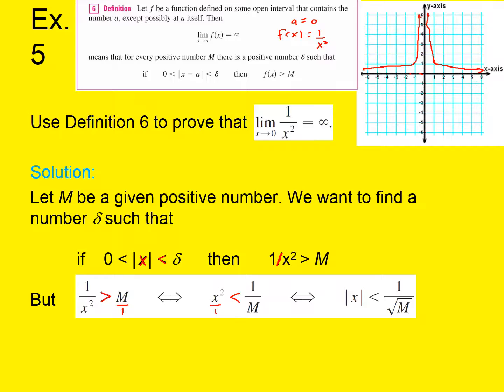And now take the square root of both sides, and we do have absolute x. And if you have a square root of 1 over m, that's the square root of 1 over the square root of m, which is 1 over the square root of m.